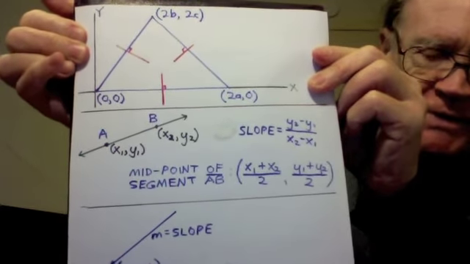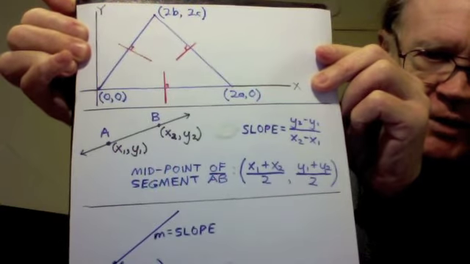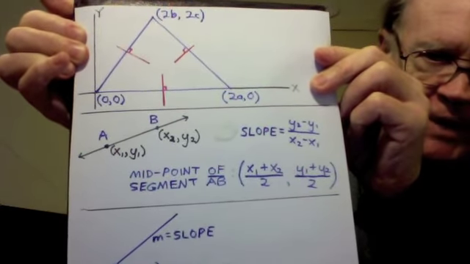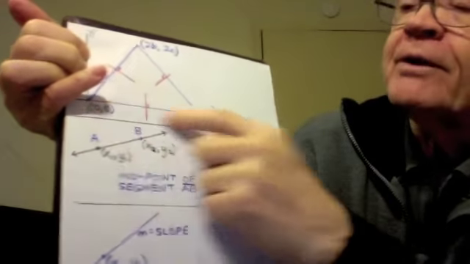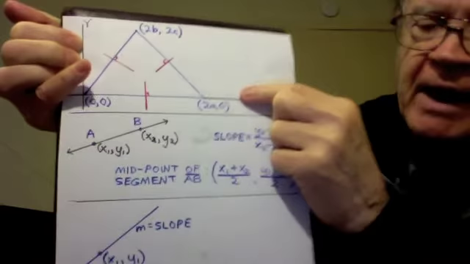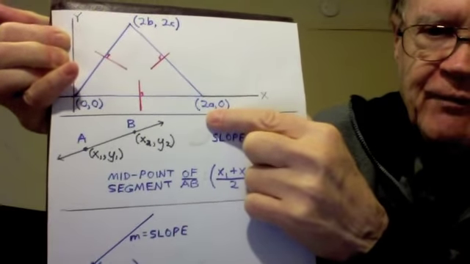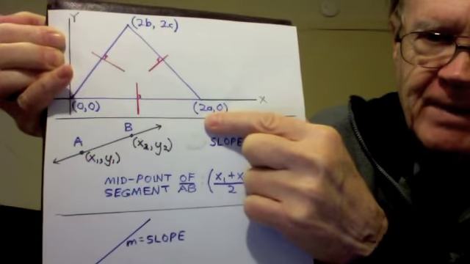So suppose this triangle is placed in the coordinate plane with one of its sides along the x-axis from 0, 0 out to the right. And I will call this vertex, well, I could call it A, 0, but to make it more friendly, I'm going to call it 2A, 0.